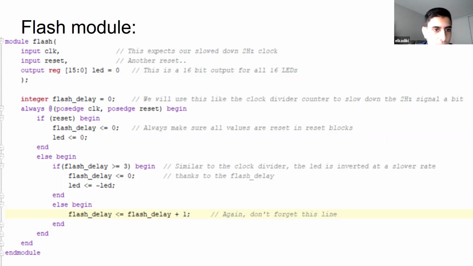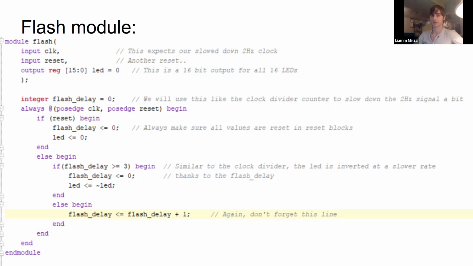Yep, so a summary of what the Flash module is doing: we want to turn on all the LEDs at a specific frequency, so it's just on, off, on, off. The only reason it's a little more complex than it should be is that the 2 Hertz frequency we're feeding into all the other circuits is really good for them, but really bad for the Flash module, because at 2 Hertz, it's just too fast.